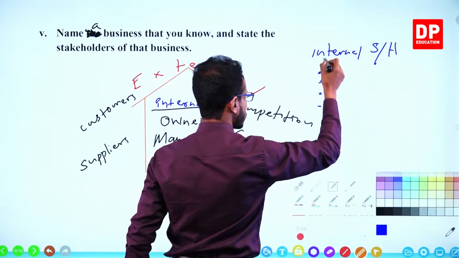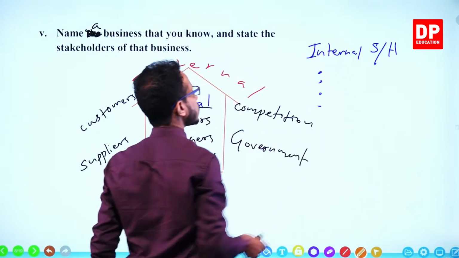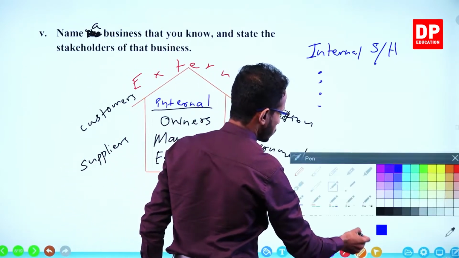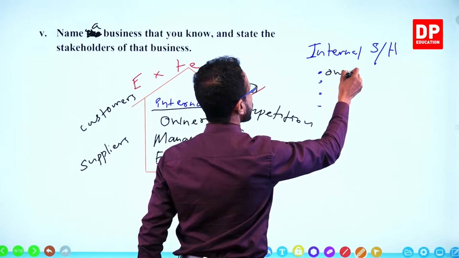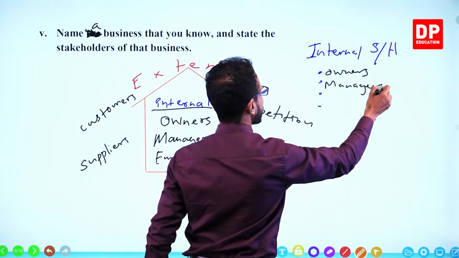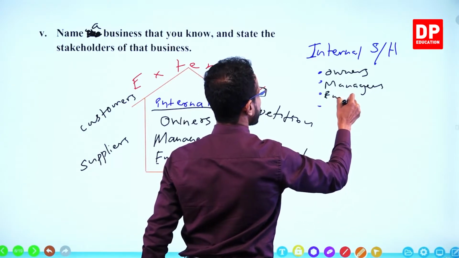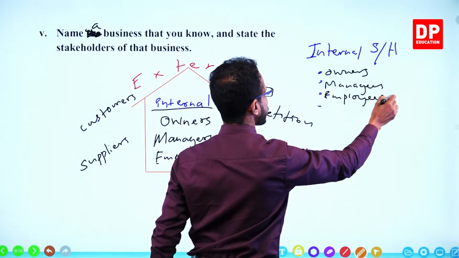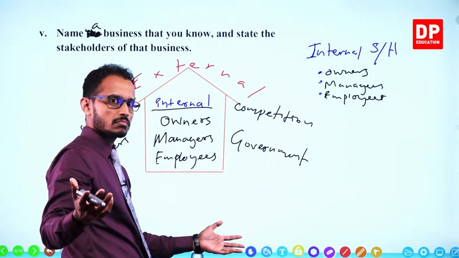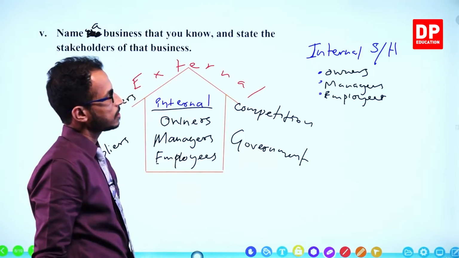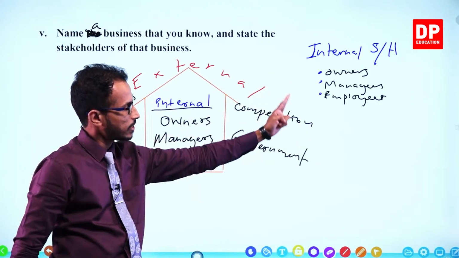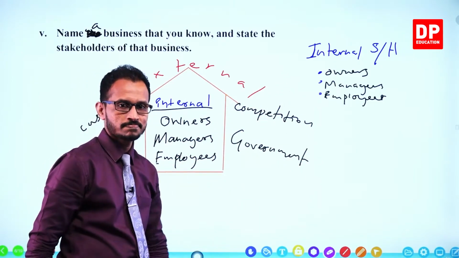Internal stakeholders, right? You can list down owners, managers, employees, just like that. Even external, you can list down like that, external stakeholders.